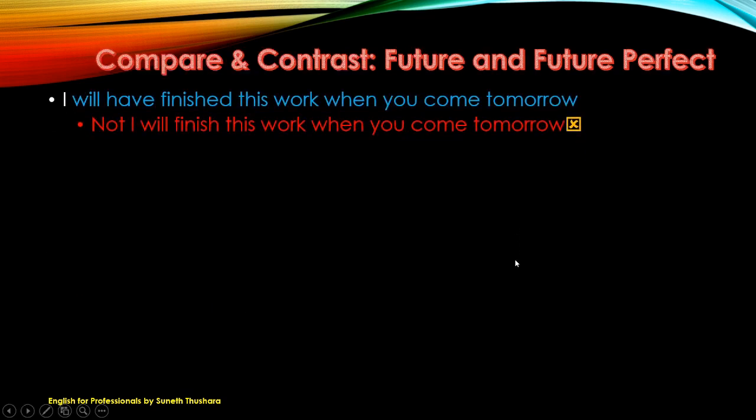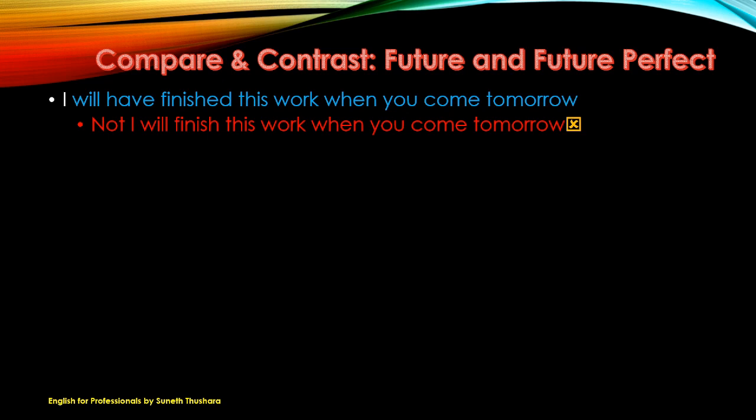So we'll see compare and contrast. I will have finished this work when you come tomorrow. Okay, so when you say I will have finished this work when you come tomorrow, it means I am pretty sure we will finish this work. But you can't say, I will finish this work when you come tomorrow.